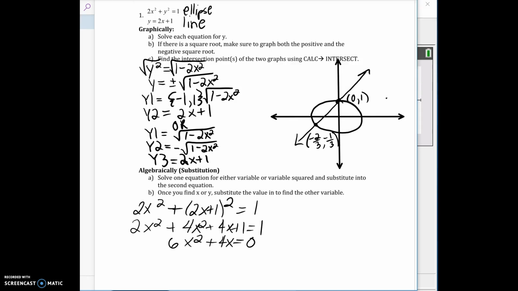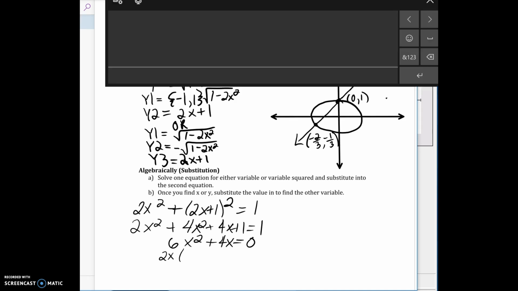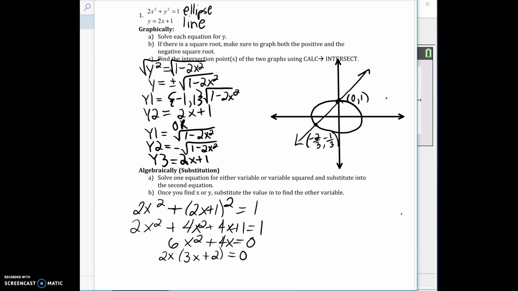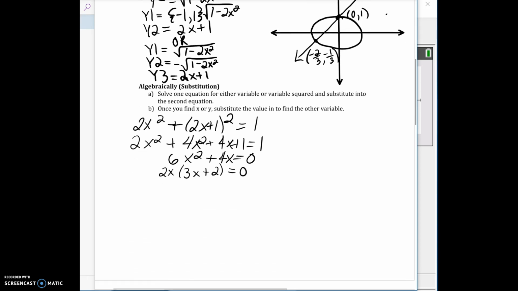And a little factoring. Okay, and then we would get one of our x's is 0, and one of our x's is negative 2/3.